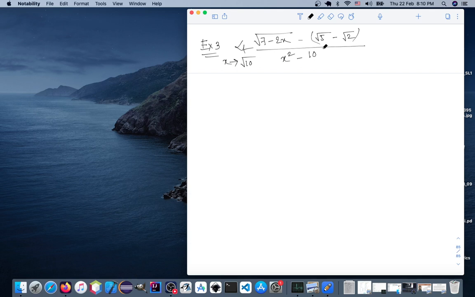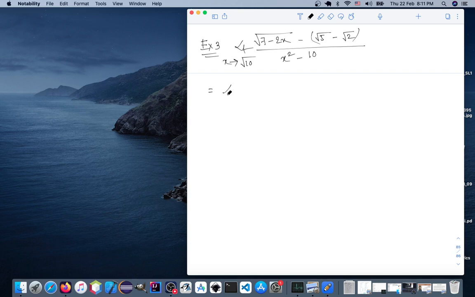We have root 5 minus root 2, 7 minus root 10. Root 10 is root 5 into root 2, and 7 is 5 plus 2. So we can see some kind of square in the first term of the numerator. Let's proceed.